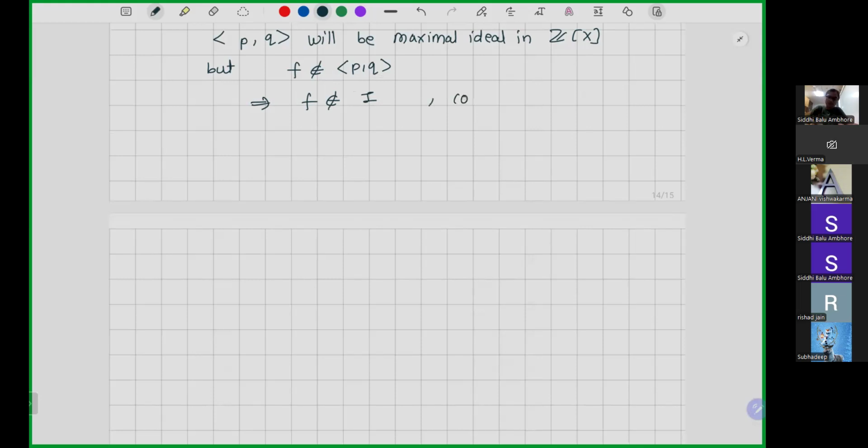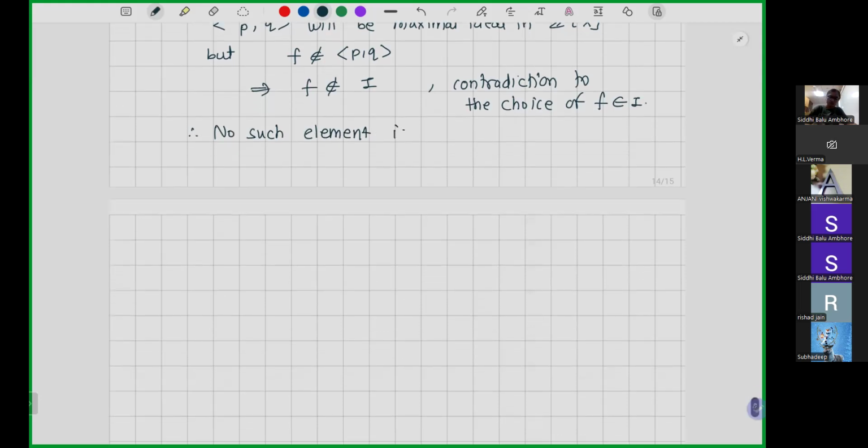So this is a contradiction to the choice of F in I. Therefore, no such element is possible. Therefore, P must divide F. So this implies that F belongs to the ideal generated by P in ZX.